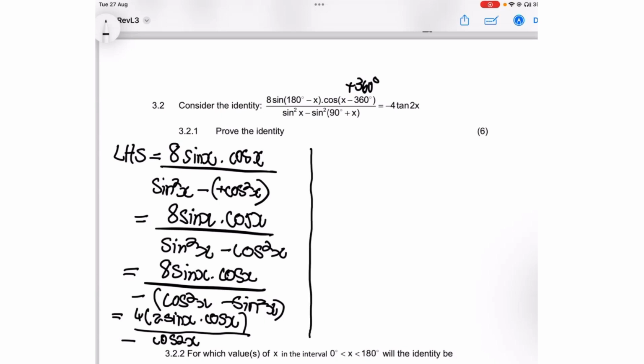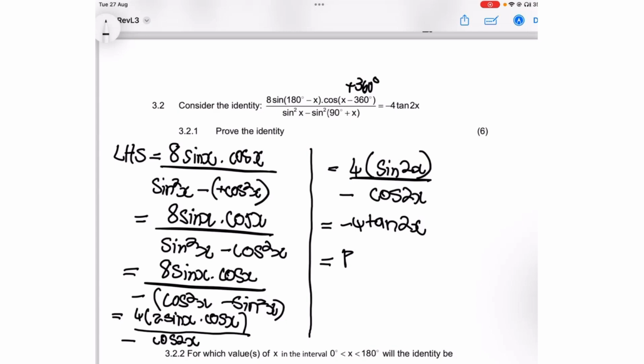Now, what you then realize is you're going to have 4 times 2 sine x times cos x, which is actually sine 2x over cos 2x, but negative. So this is actually negative 4 tan 2x, which is the same as the right-hand side.